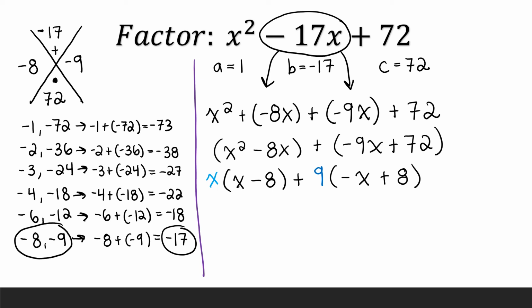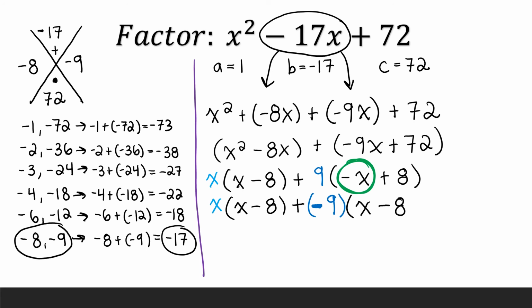But we don't like having a negative x, so we're going to factor out a negative 1 from that second group. So we'll leave our first group alone, so we have x times x minus 8, plus, now we'll factor out the negative. So we have negative 9 times negative x divided by negative 1 gives us positive x that we need, and then that plus 8 divided by negative 1 leaves us with a minus 8.